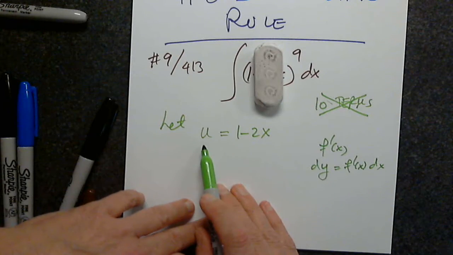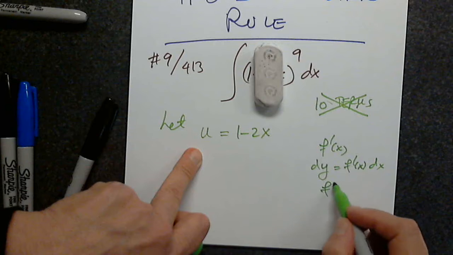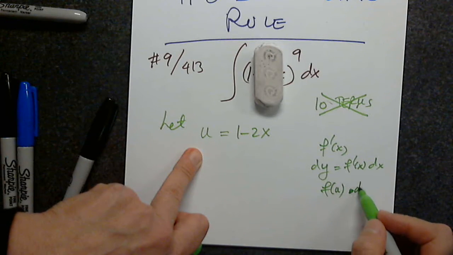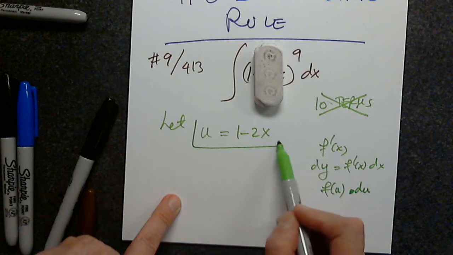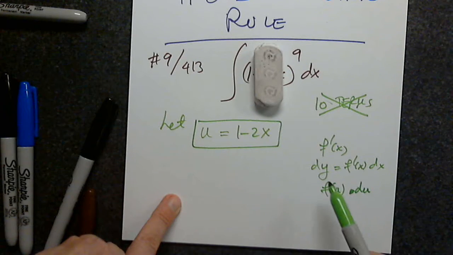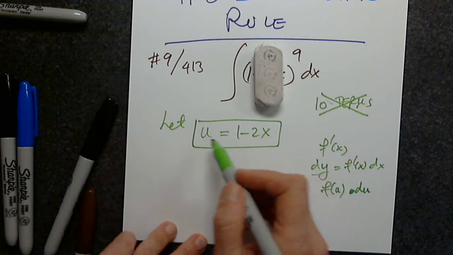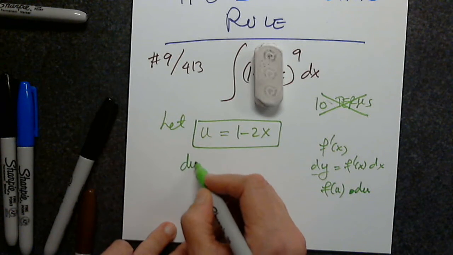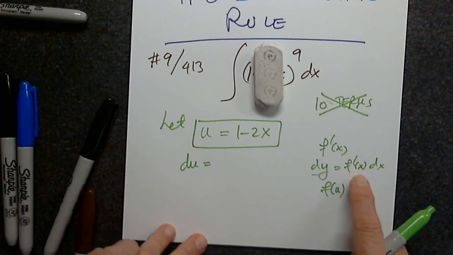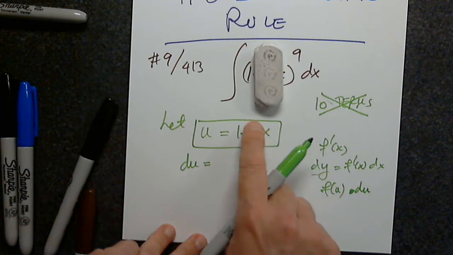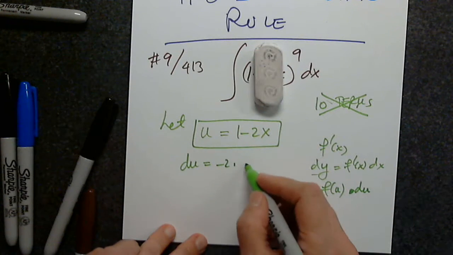So here I have u, but if I have f of u, I need times du. So I need to find du. Tell me how to write du for this function. What is the derivative? What do I get? Negative 2 times dx.